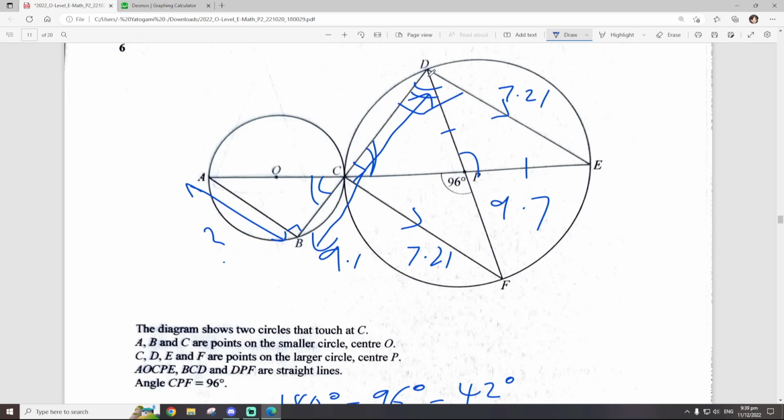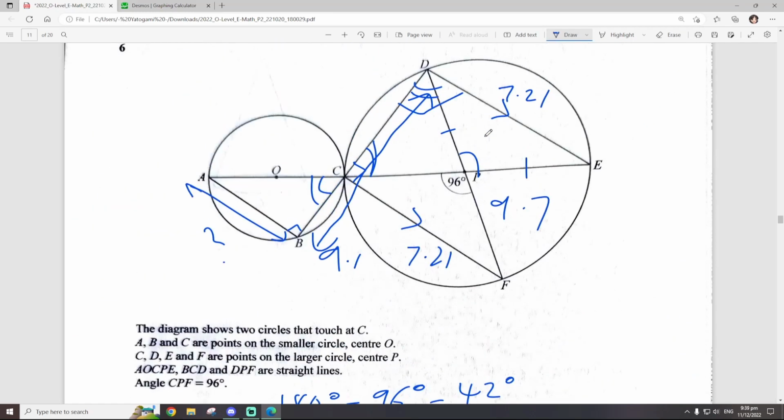Actually, how can I explain to you that the two lines are equal in length? Well, right angles, so it's a rectangle. Okay, I think I will use that. So we have angle CDE.